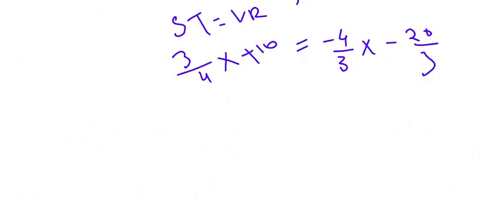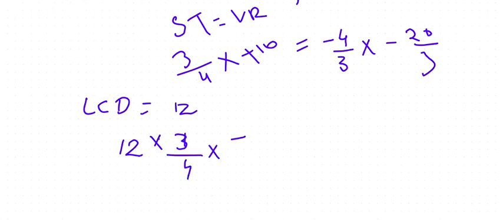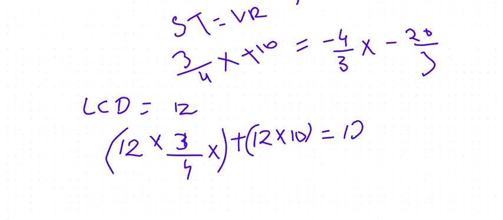So we get 12 times 3 by 4 x plus 12 times 10 equals 12 times minus 4 by 3 x minus 12 times 20 by 3.